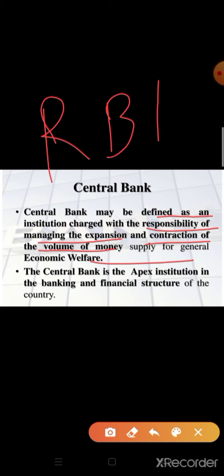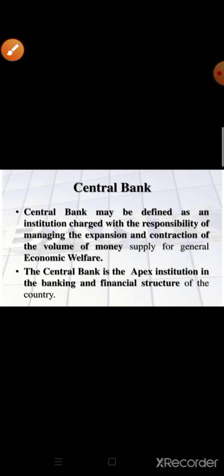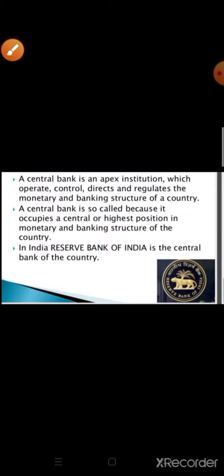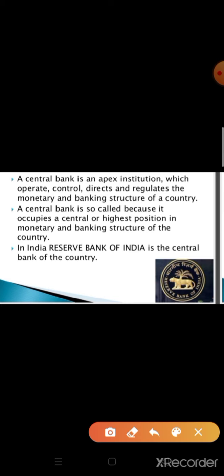The central bank is the apex institution in the banking and financial structure of the country. It operates, controls, directs and regulates the monetary and banking structure of a country. The central bank is the institution which controls all the banks of India.